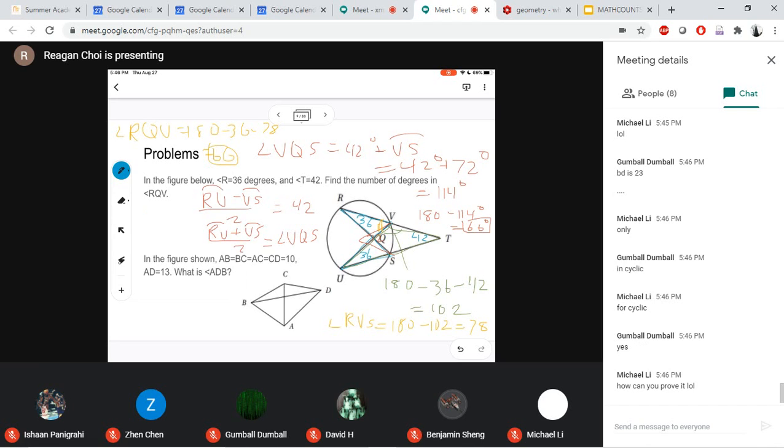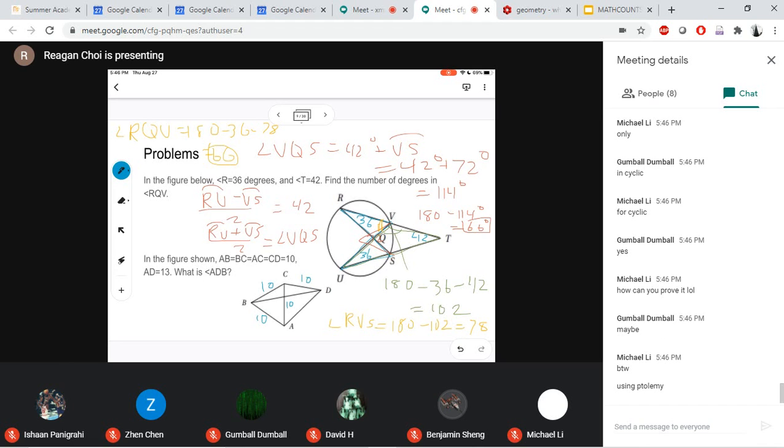This is 10. That's 16. 10, that's still 16. 10, 10, 10, and 10. So what interesting circle observation can you make? AD is 13. Yeah, I'll write that in.